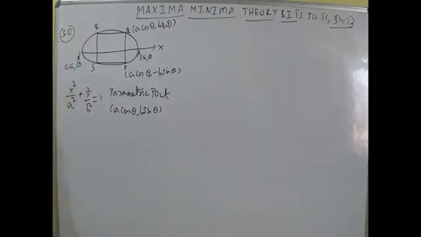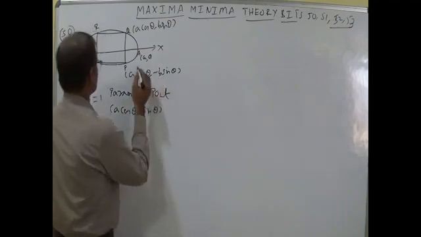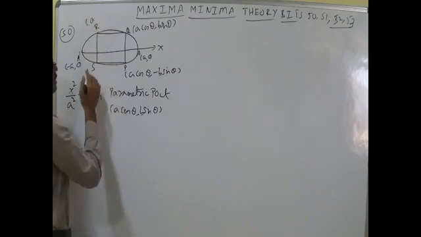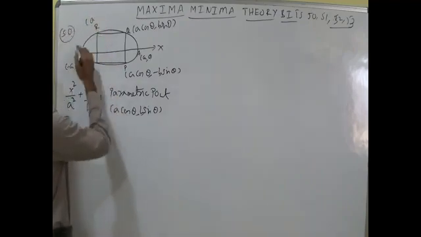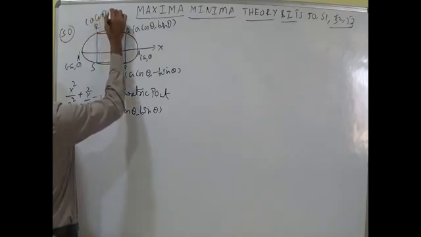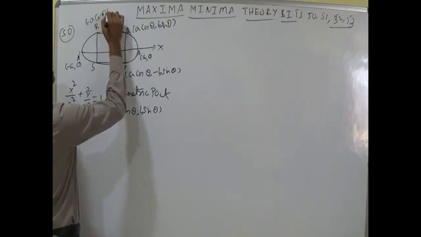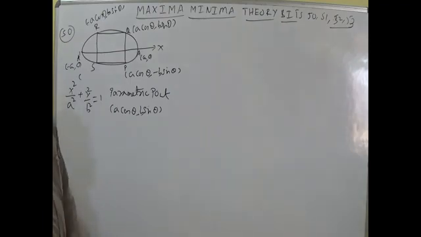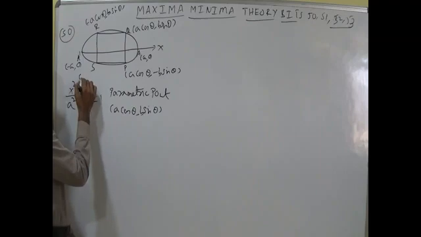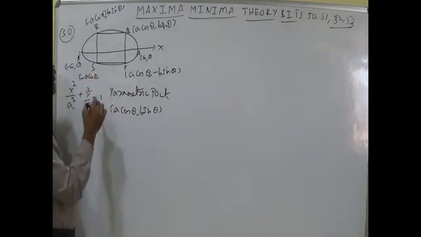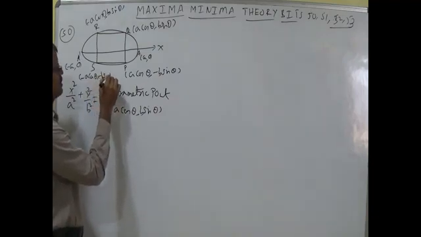This is the second quadrant, where x is negative and y is positive, so (minus a cos theta, b sin theta). This is S, in the third quadrant, where both are negative: (minus a cos theta, minus b sin theta).